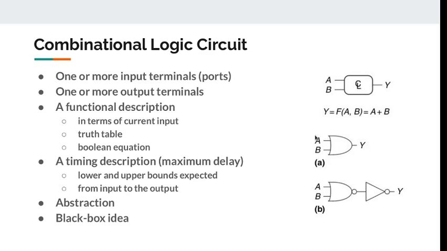In letter A, you see one implementation, which can be just a regular OR gate, A or B, and you have your output Y. But you can also implement that with a NOR gate. So that's a NOR gate complemented with a NOT gate, and you're gonna have the same equation, the same behavior.